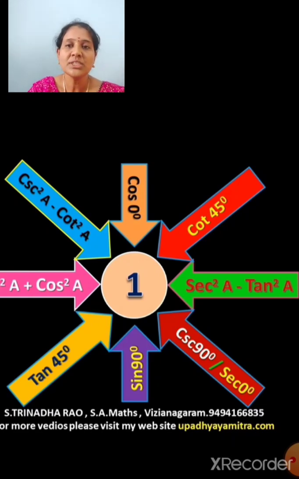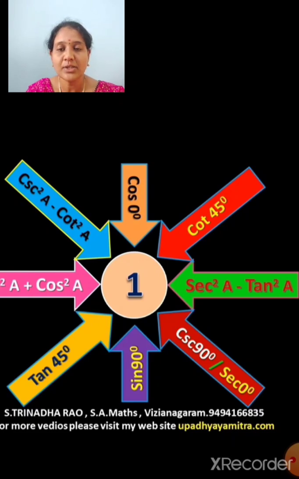At which angles will the answer be 1 for all the trigonometric ratios? First, you have to move to the trigonometric ratios of different angles.